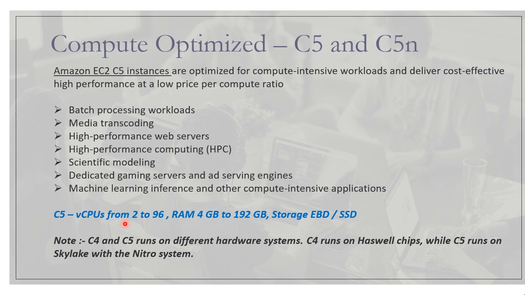Again, this is basically the difference between all these series. Under the C series we have C4, C5, C6, and the difference comes with virtual CPUs and RAM. Performance wise, I can have my web servers in C4 also, and I can have my web server in C5 also, but C5 gives me more virtual CPUs and more RAM.